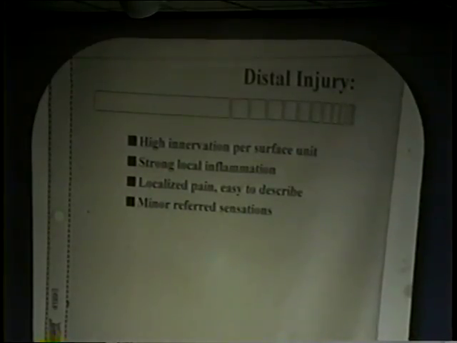So the discrimination is easier for us to perform. And also, the deeper it is, the harder it is. For example, an organ has a weak local inflammation if it is painful, and it will give a lot of referred sensations.